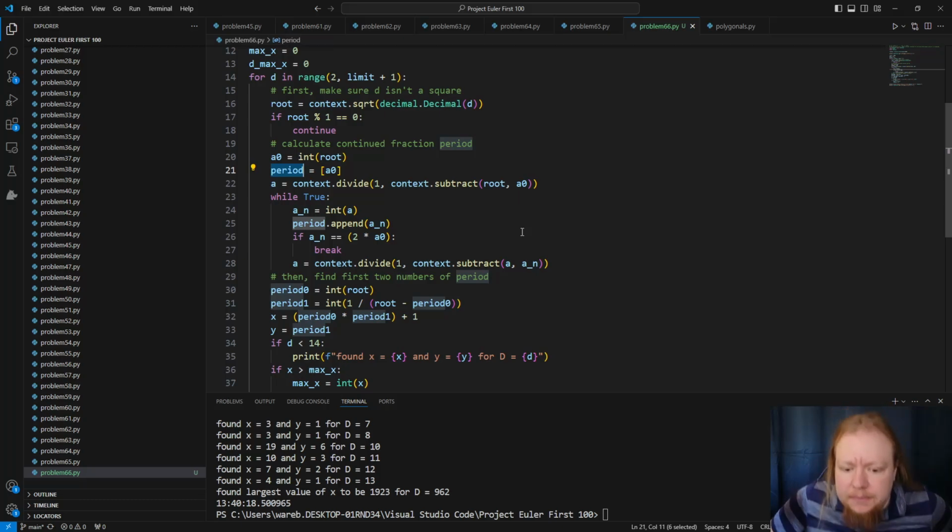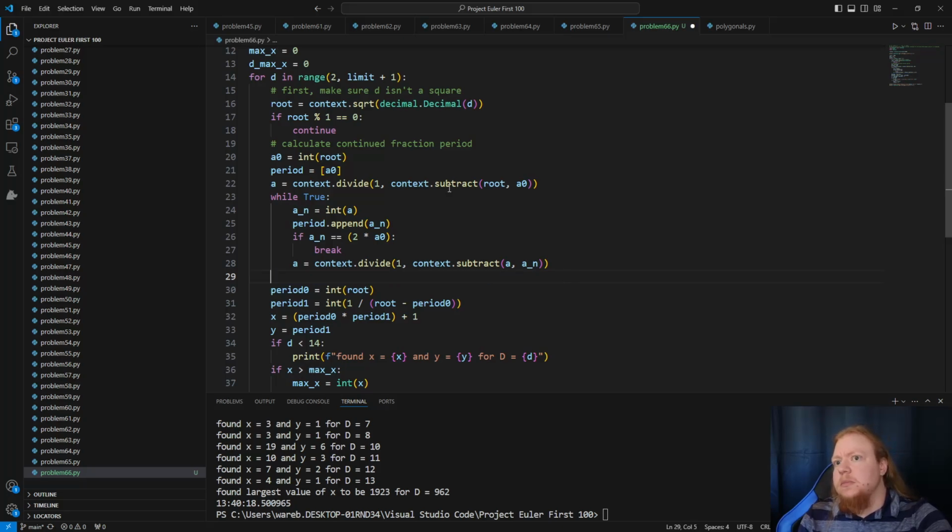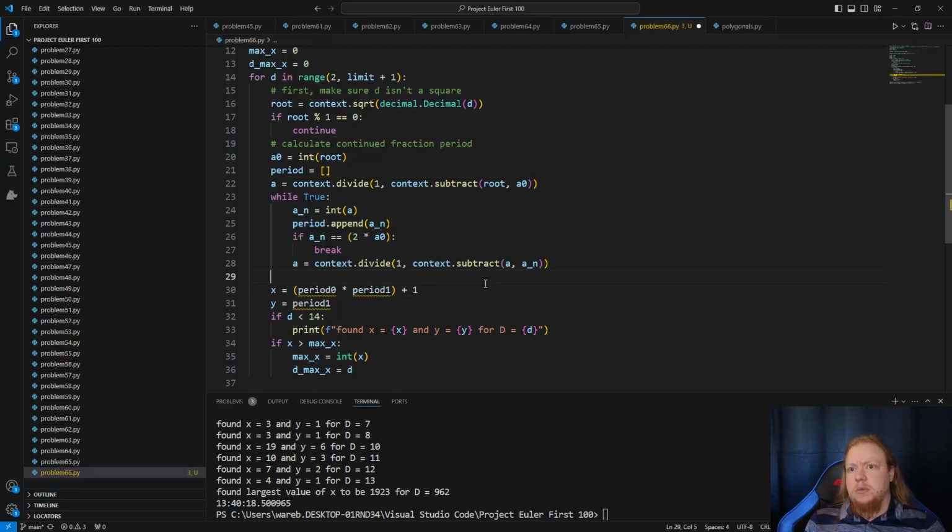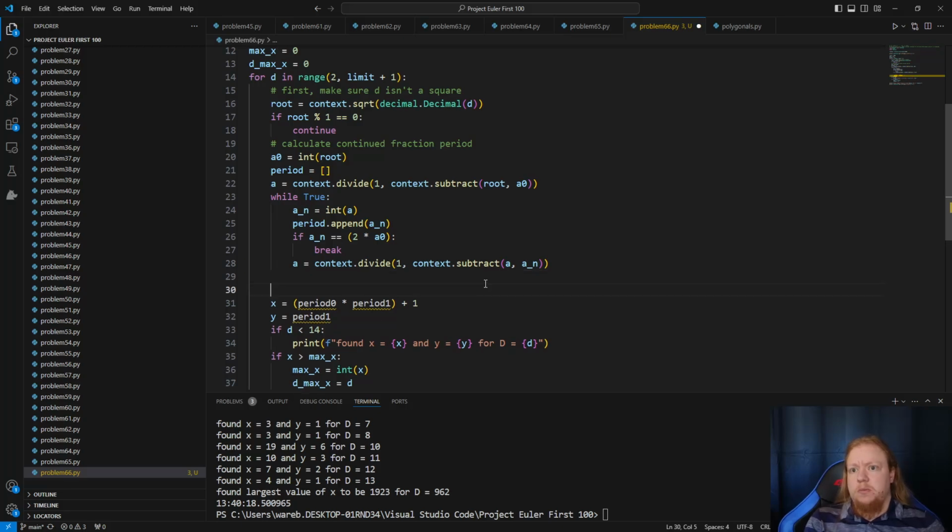Let's see. Actually, A0 we probably don't want inside of the period. We want it separate. So, we're going to do something dangerous, which is build another while true loop here.